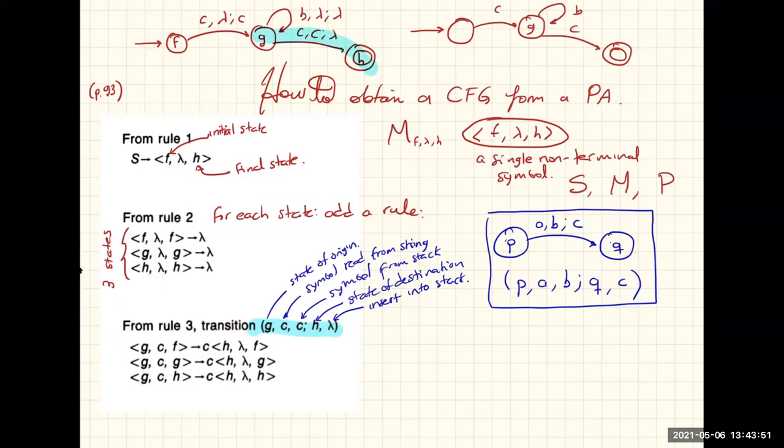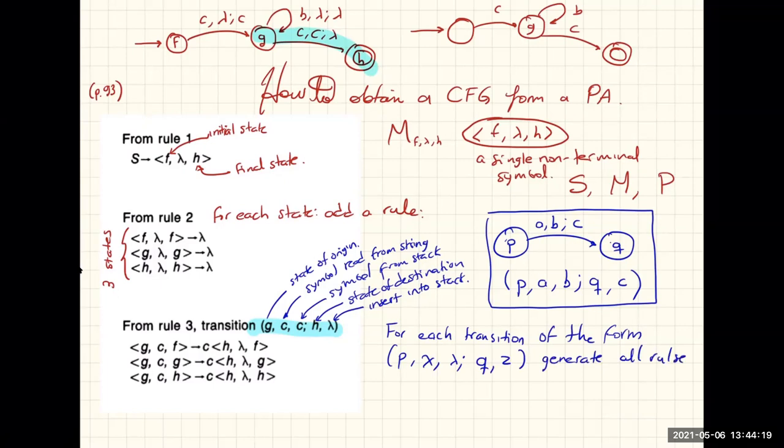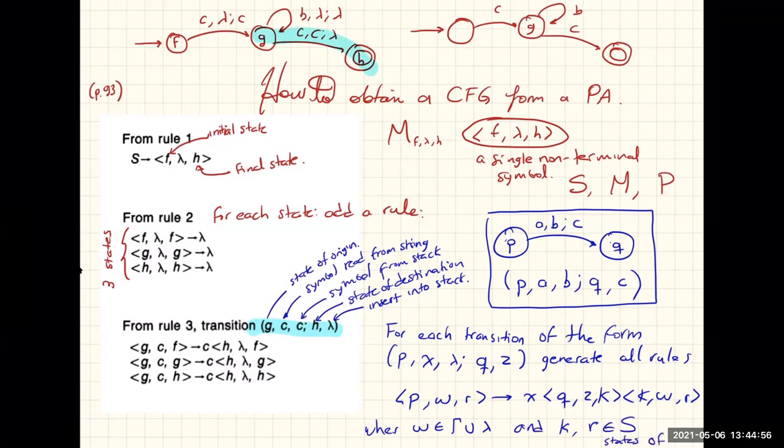So rule number 3 says the following. For each transition of the form P x lambda Q Z, generate all rules with the form P W R produce X Q Z K K W R, where W is either a stack symbol or lambda, and K and R belong to the states of the machine.